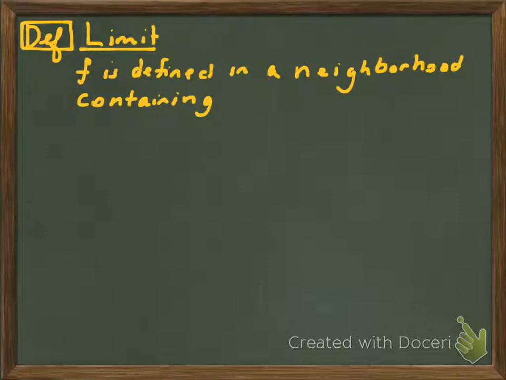I'll give you a hint. It starts with an I. Interval. Oh, you said interval. I thought I heard somebody over there say it. Interval, right? It's going to be a long Tuesday, I can just tell already. All right, containing C. And as we said, C is some x value, all right?